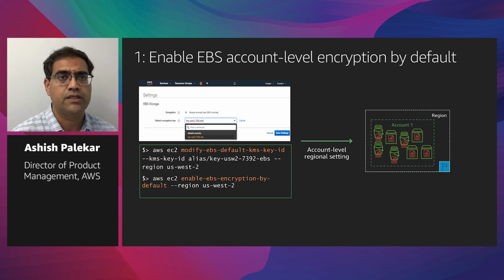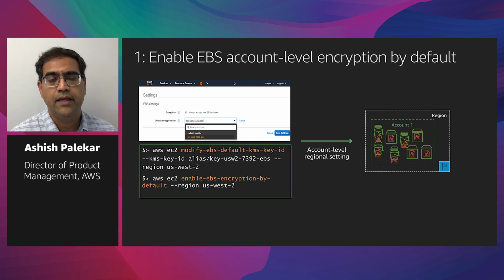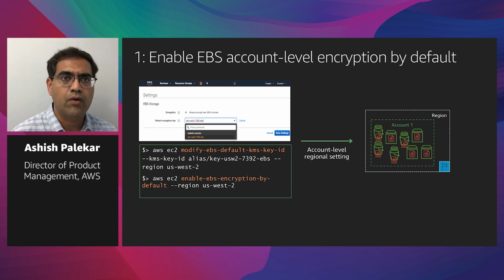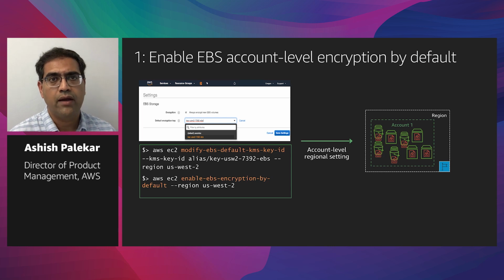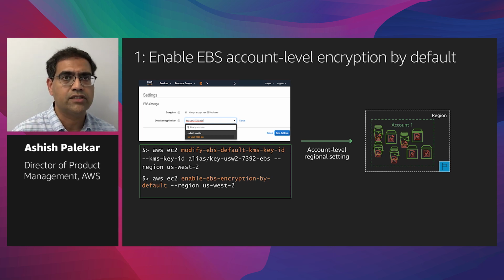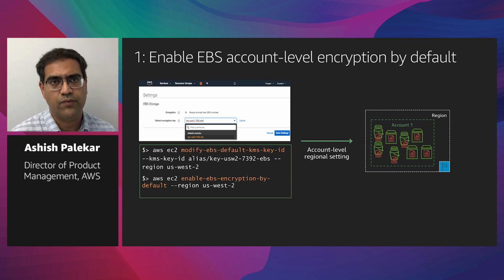And so what we launched in May of last year is this capability for account-level encryption by default, where with a single account-level regional setting, you can now ensure that all your EBS volumes are encrypted by default, right? That are essentially all new EBS volumes that are created from that point forward are encrypted.